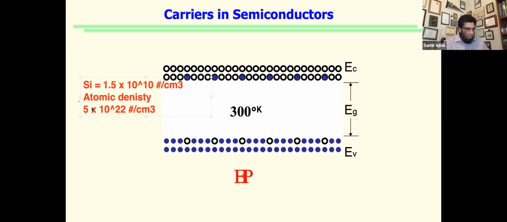That means there are many empty states in the valence band and many occupied states, but not enough. Number one. Number two, they totally depend on outside energy for that EHP formation to happen. So we cannot keep track of or exactly use these numbers.